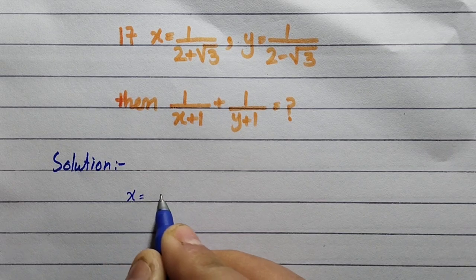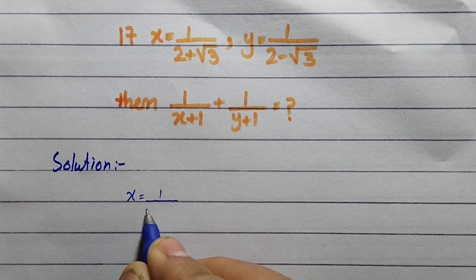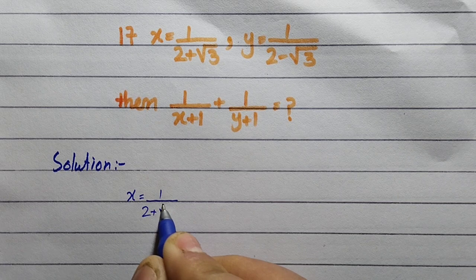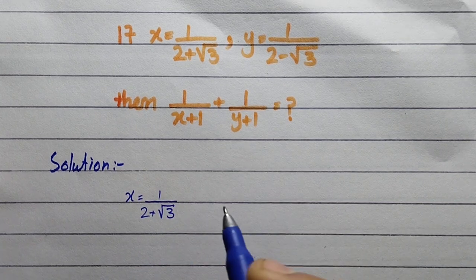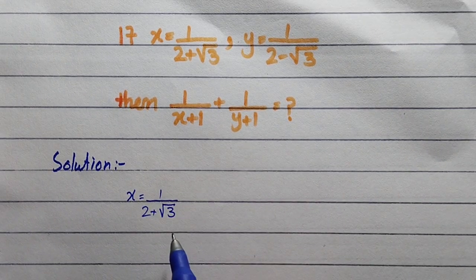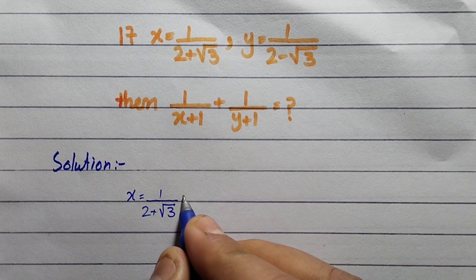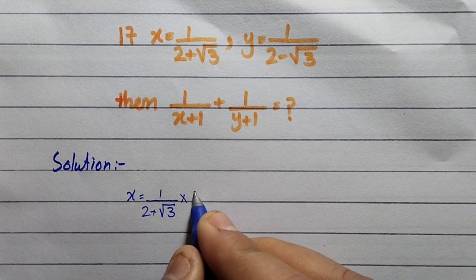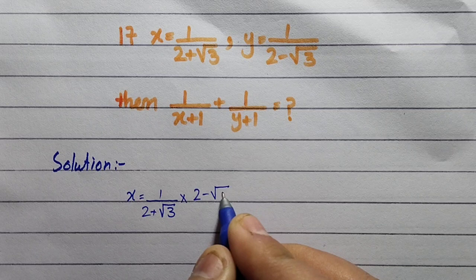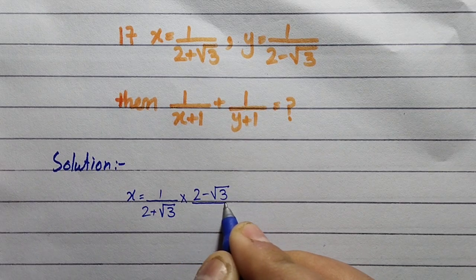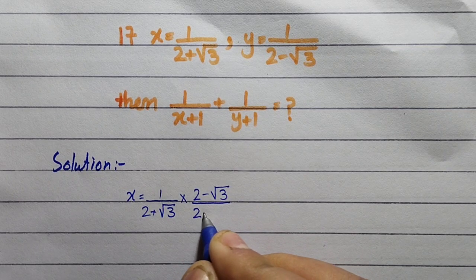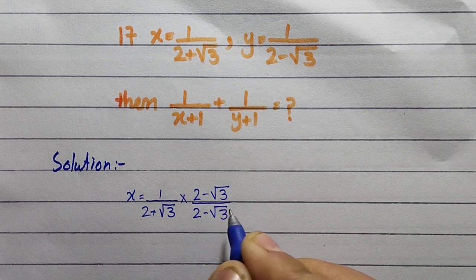x is equal to 1 over 2 plus root 3, and this can be written by multiplying by 2 minus root 3 and dividing by 2 minus root 3.